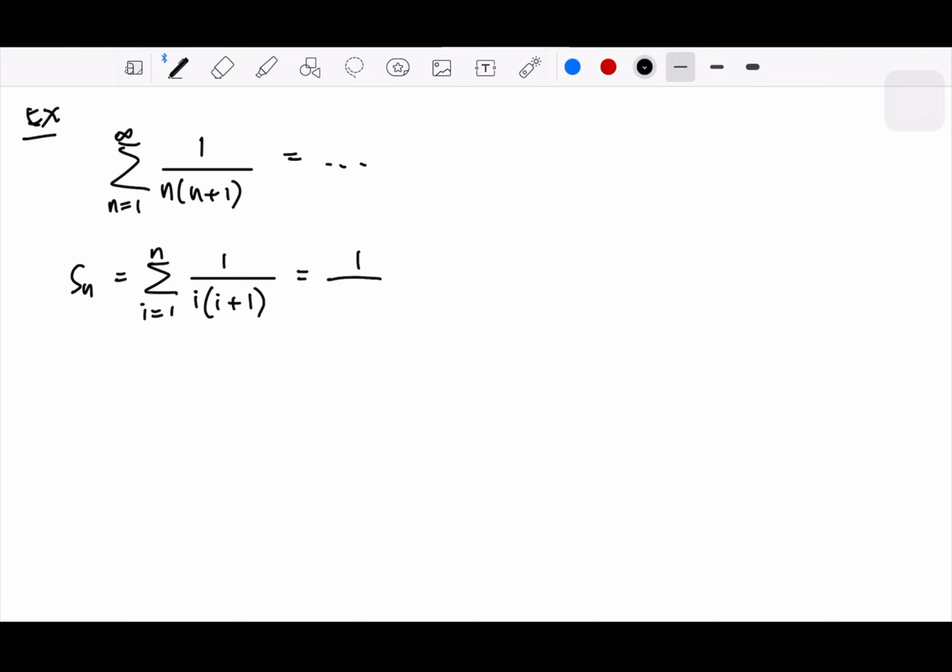And then we can see that this is going to be this pattern. Okay. So 1, 2, 2, 3, and 3, 4, up until we get n plus 1, right? We have this the partial sum.